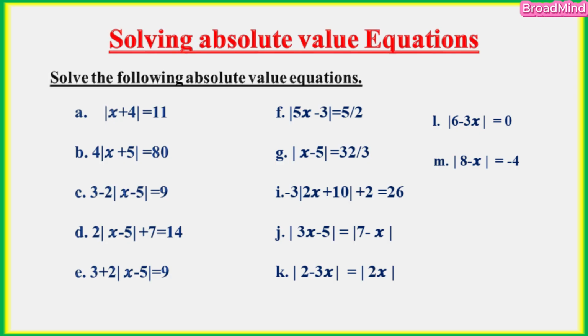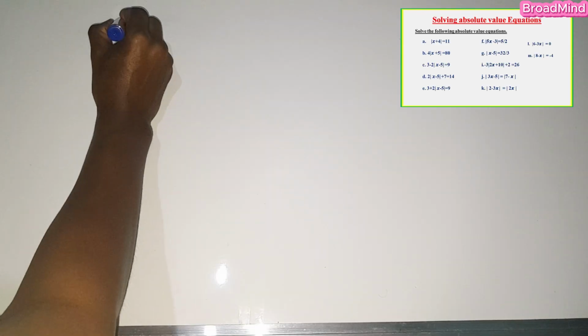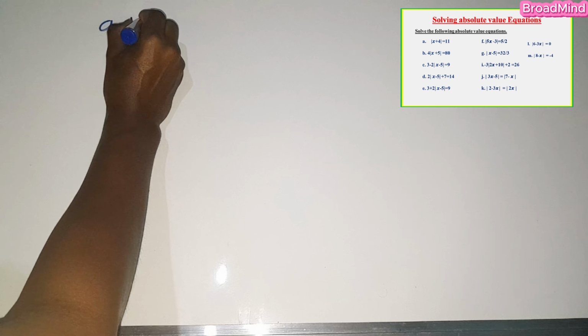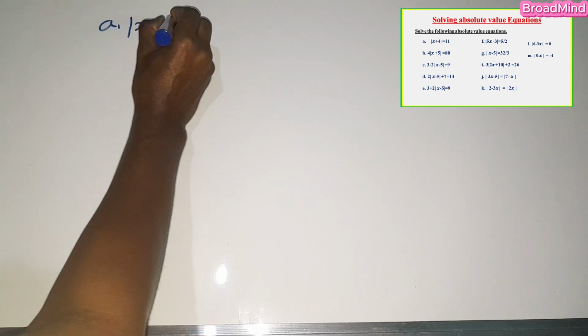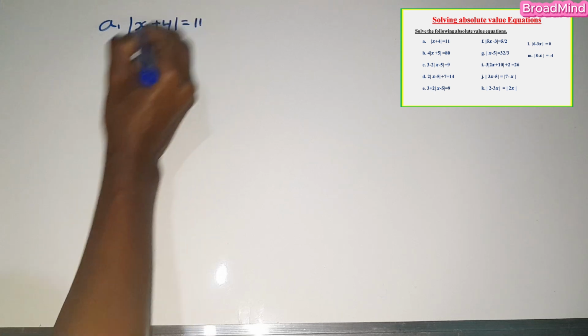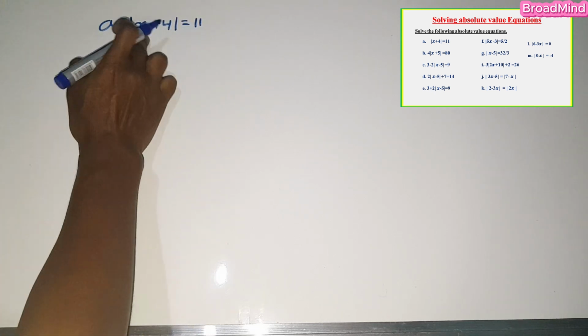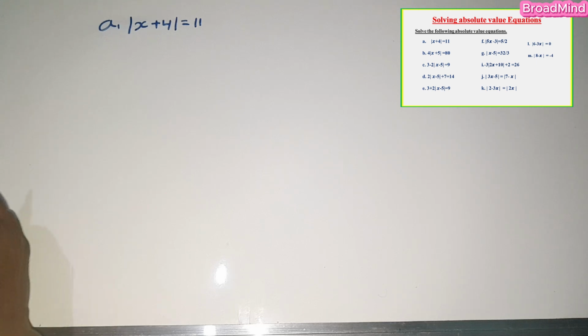Solving absolute value equations. To understand more about how to solve absolute value equations, let us see the following exercise. A. Absolute value of x plus 4 is equal to 11. Then to solve this problem, it is an absolute value equation.